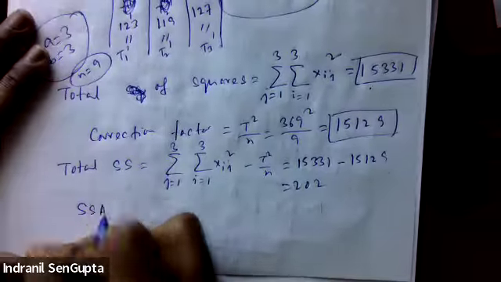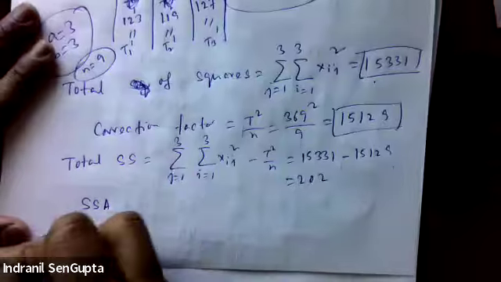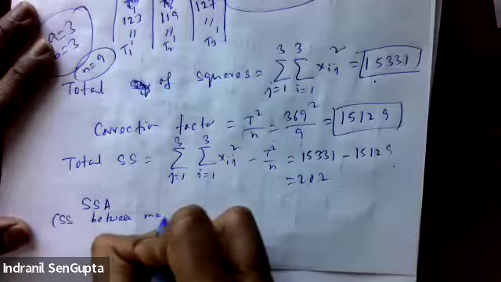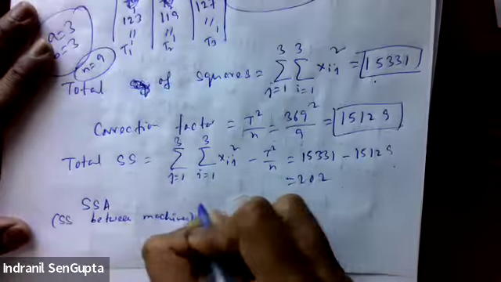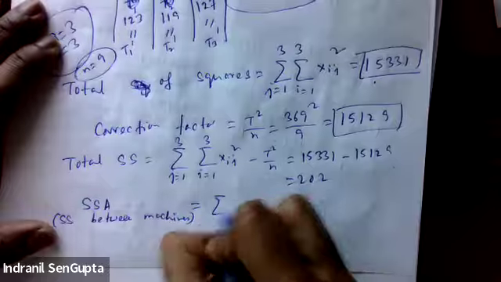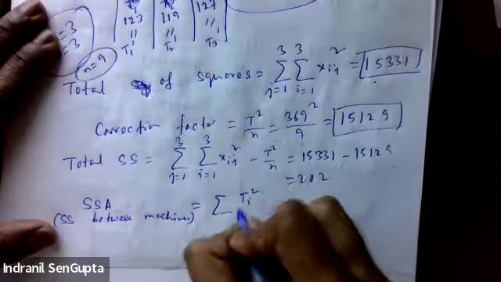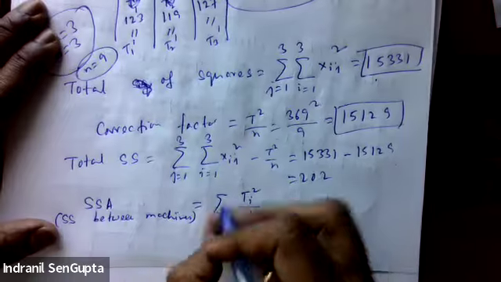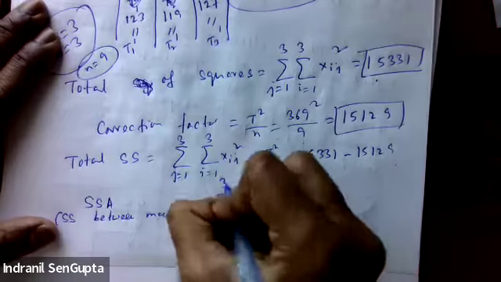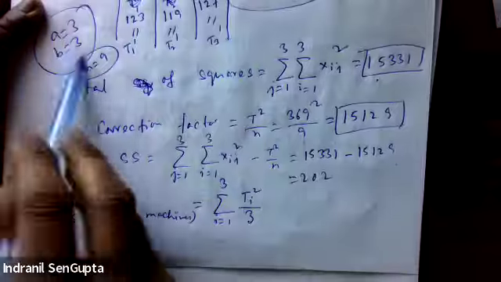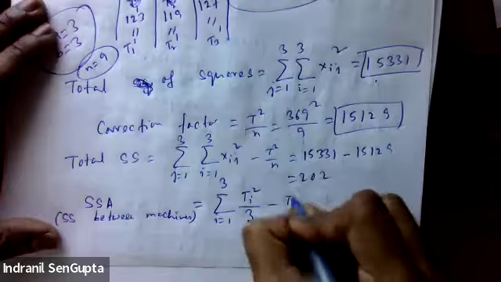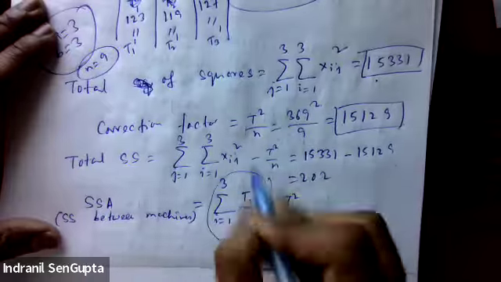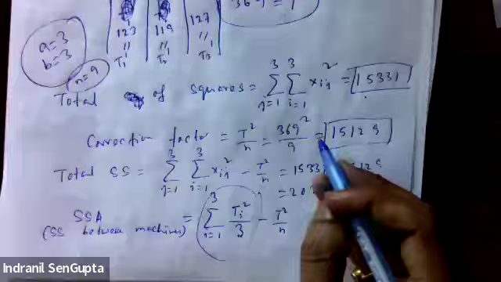Now SSA, my A is the machine. So this is SS between machines, which is given by summation Ti squared over, now how many numbers do we have? We have 3. So we have i from 1 to 3, and both a and b are 3 here. So it's minus T squared over n. You can compute this from T1, T2, and T3, right?